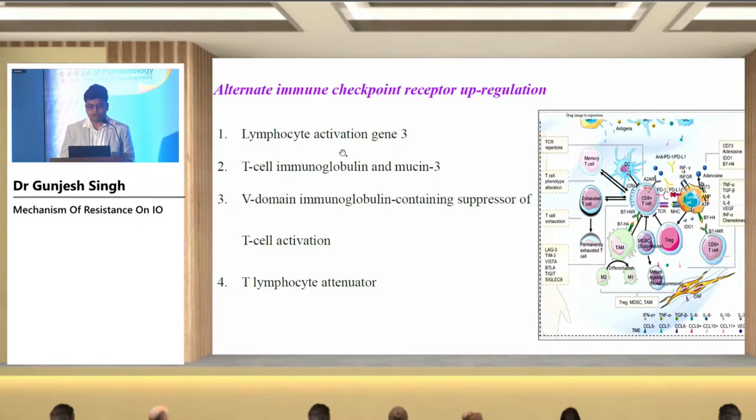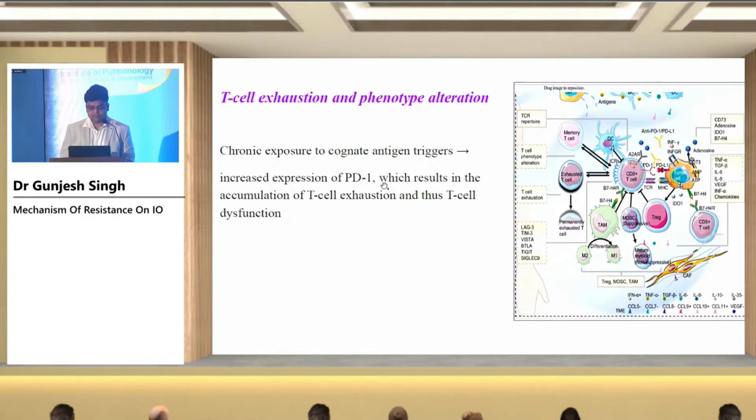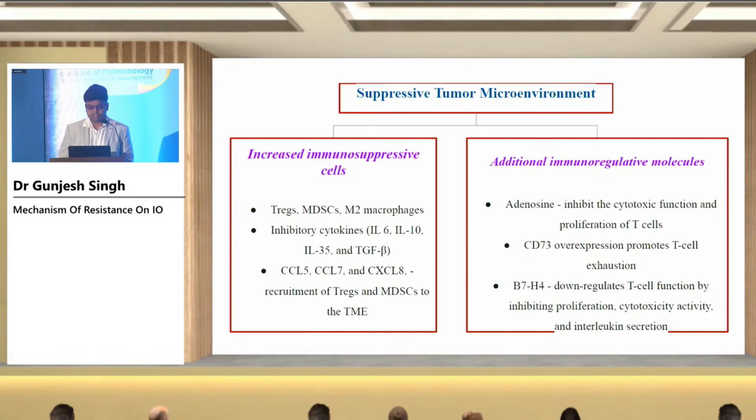This is the most common gene which gets activated in this checkpoint receptor upregulation, and there are several other genes which are responsible for this mechanism. Next is T cell exhaustion. Because of continuous cognate antigen triggers and continuous presentation of antigen, the T cell gets exhausted, and later it gets permanently exhausted. Because of this exhaustion, we can have immunotherapy resistance.